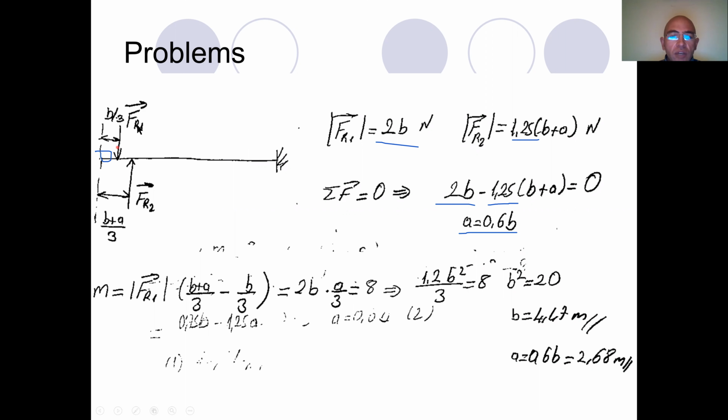FR1 will act at the location of B divided by 3, and FR2 will act at B plus A divided by 3, because this point will be the base of the triangles which are generated by the distributed loads. So FR2 is acting at a point B plus A divided by 3 from the free end, and FR1 is acting at a distance of B divided by 3 from the free end.